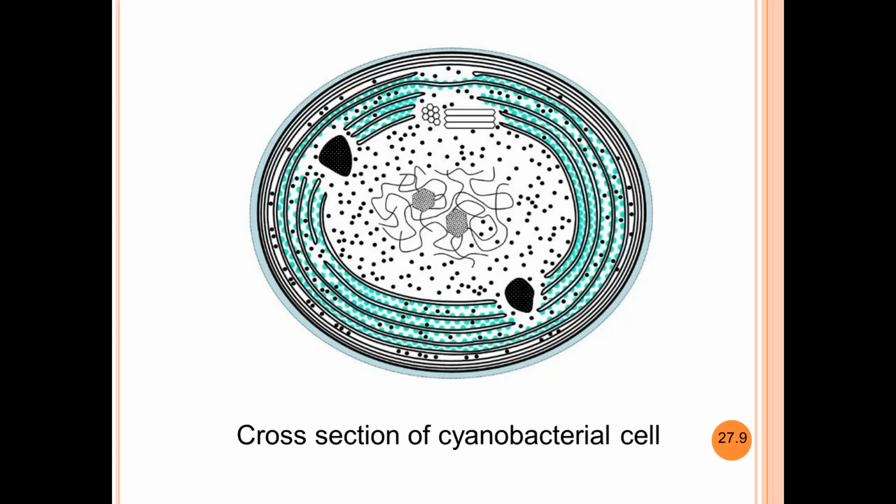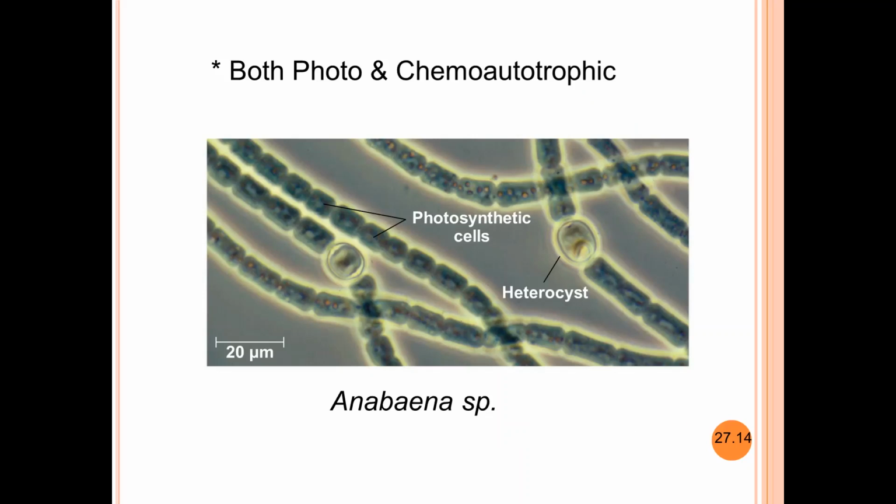What a chemoautotroph is, then, is an organism that produces its own carbon-based molecules using chemicals, carbon, nitrogen, for example, not using light, but they're still making their own sugars, guys.